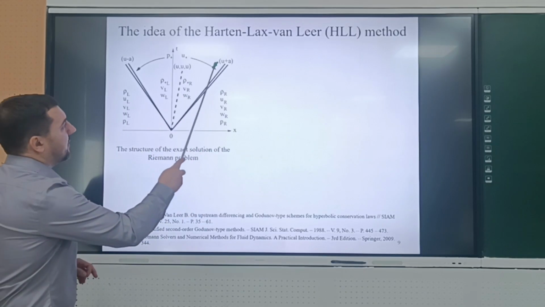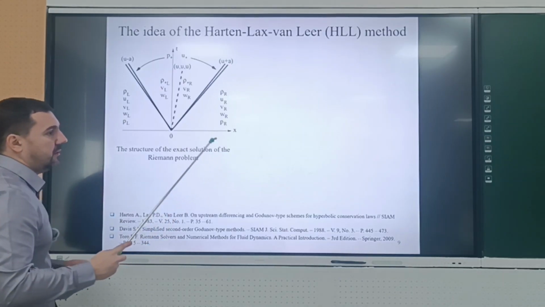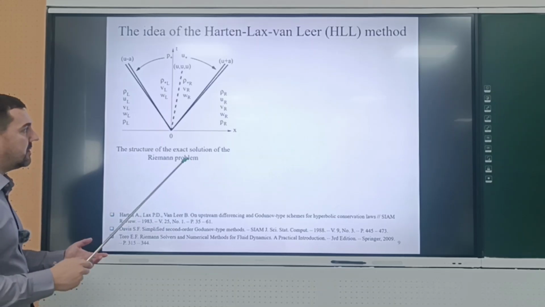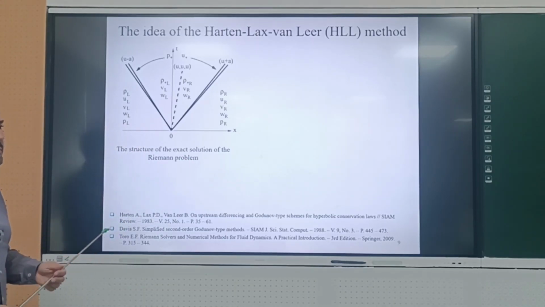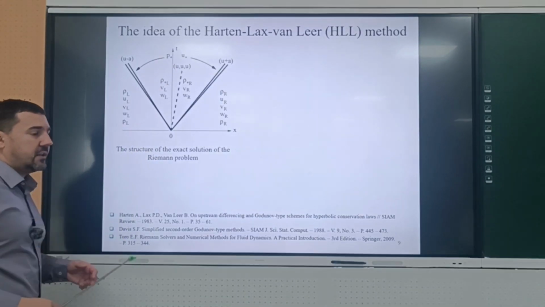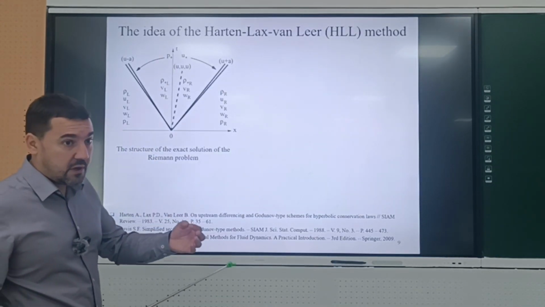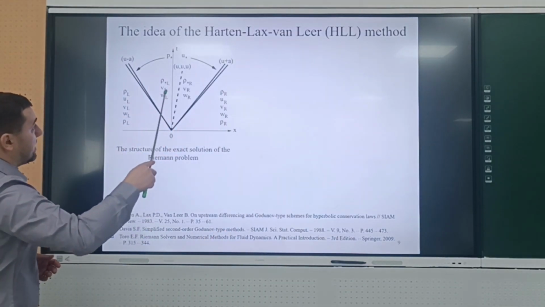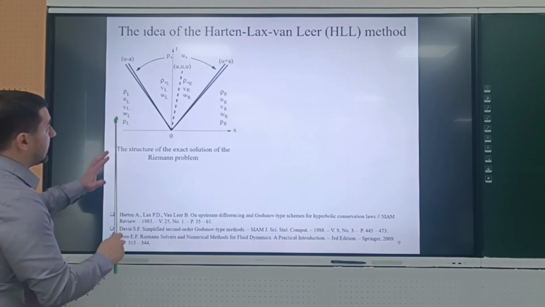But anyway, the right wave is associated with the eigenvalue u plus a, where u is the velocity and a is the speed of sound, and the left wave is associated with the eigenvalue u minus a, and the contact wave is associated with the eigenvalue u, the motion of the media itself. We have these two states to the left and to the right, and this is the exact solution.